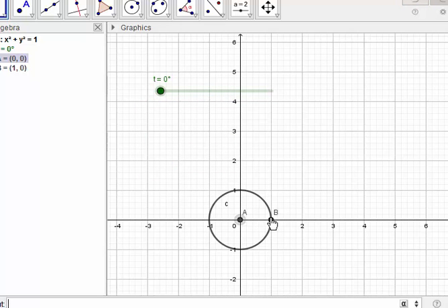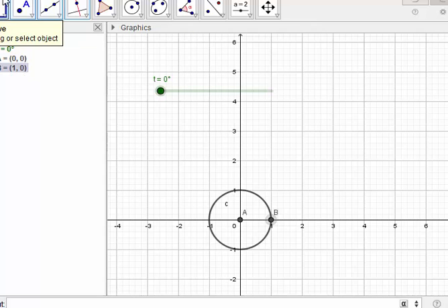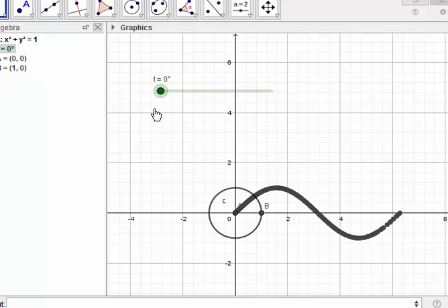And the point B is cosine of t, sine of t. And there you see one complete period of sine. As our point rotates around the circle 360 degrees, we're mapping out the point with the same angle and the y value. We get the sine curve.